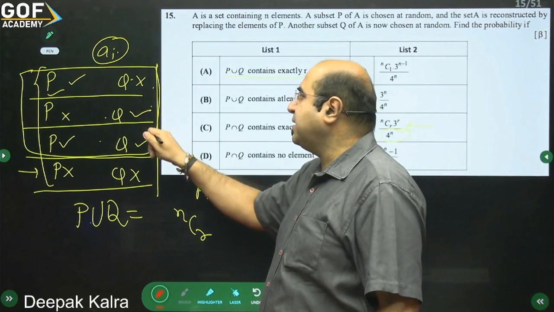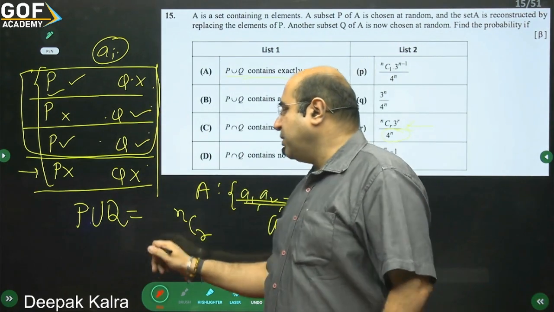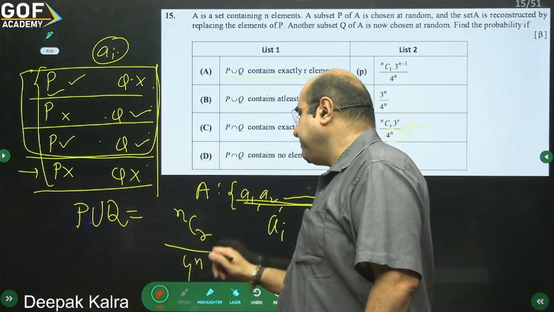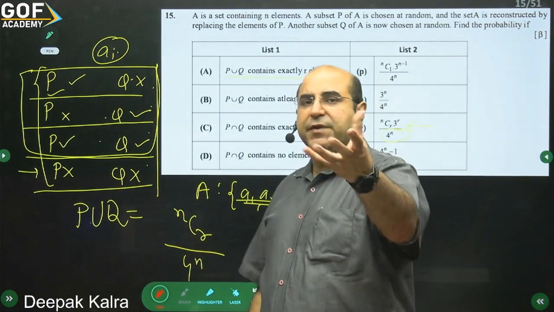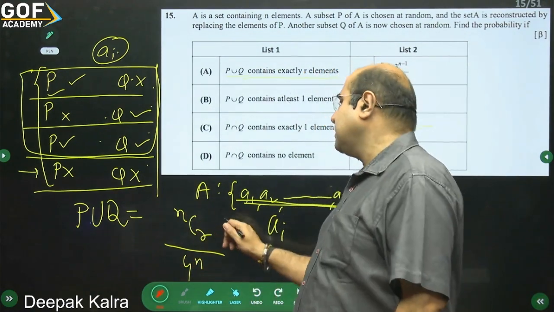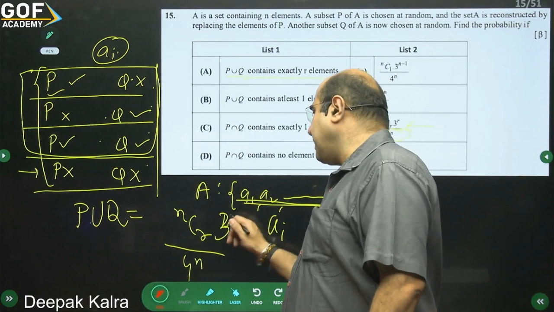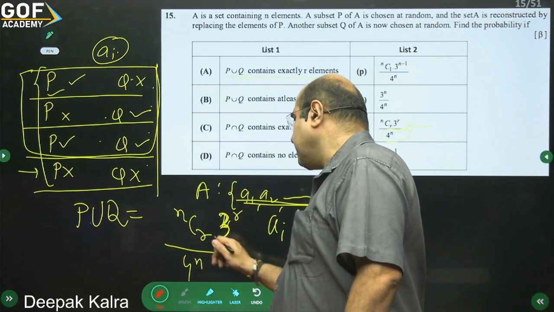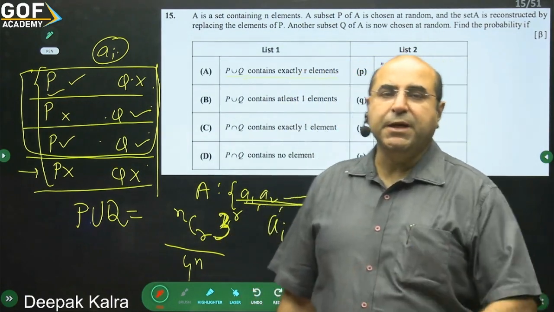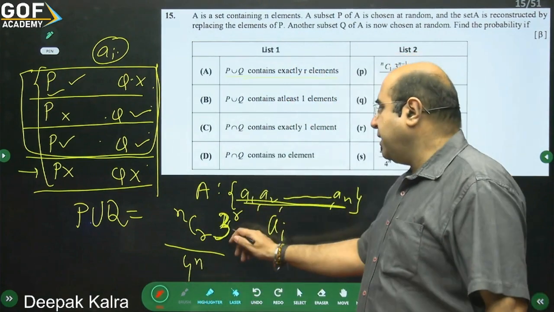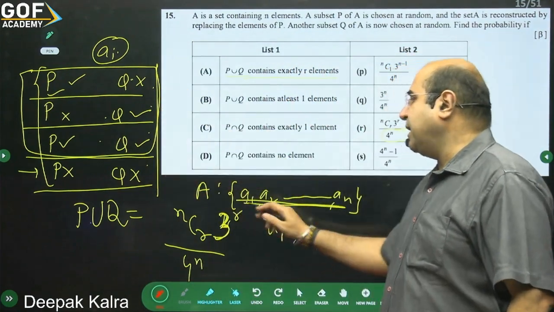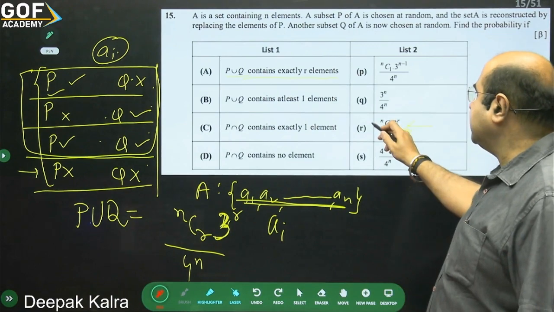This way, this way, this way, or this way. So the denominator is 4 power n. nCr is the number of ways of selecting exactly r elements, and 3 power r goes here, in which the elements can be taken in the union. So this is the answer for the first.